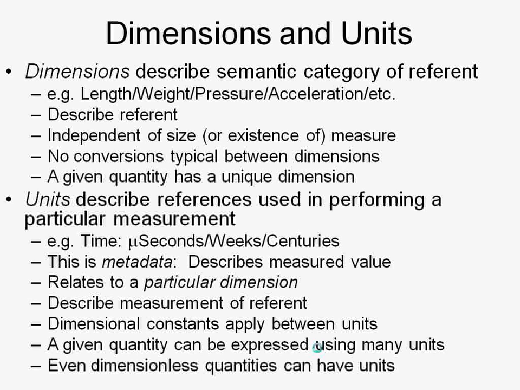No one is particularly privileged there, and we can convert from one to the other quite readily. If I want to convert seconds into microseconds, I multiply by 1,000,000. I have 1 second, that's 1,000,000 microseconds. If I want to convert between days and weeks, I divide by 7.